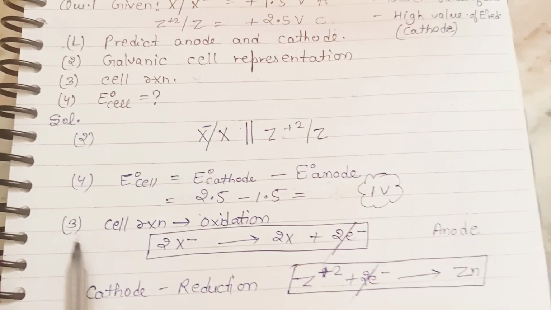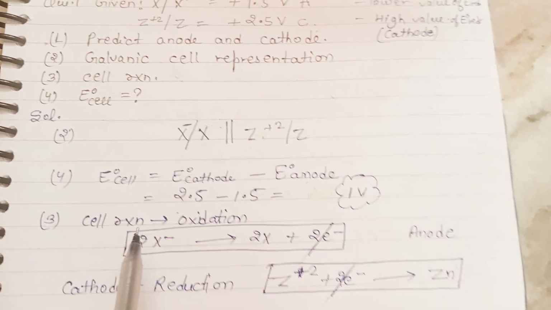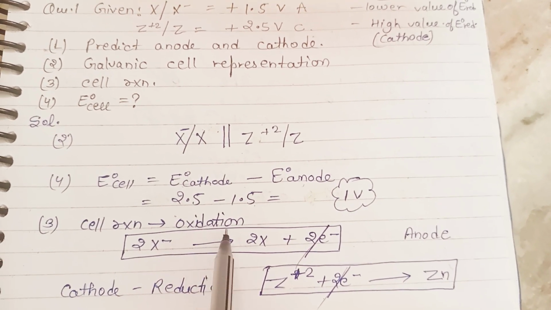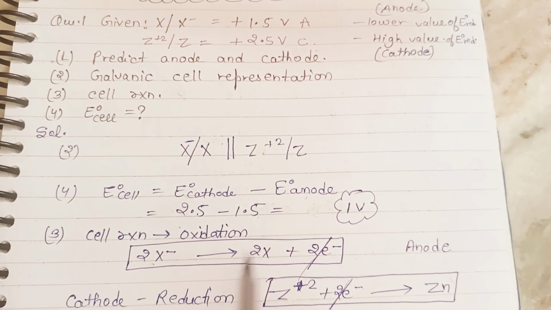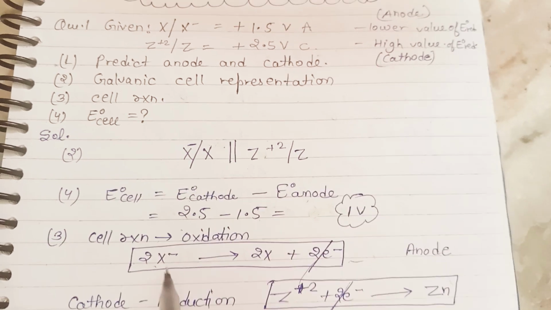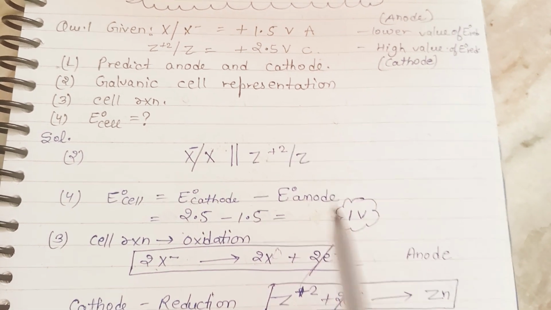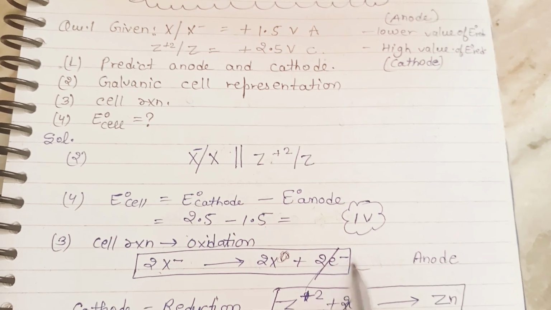And third we have the cell reaction. What is the cell reaction of the representation? At the anode, oxidation, we have 2X minus goes to 2X plus 2 electrons. This 2X minus is oxidized to 2X at zero oxidation state, plus 2 electrons.